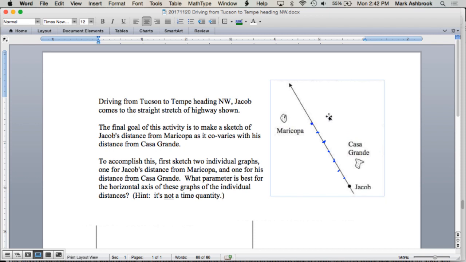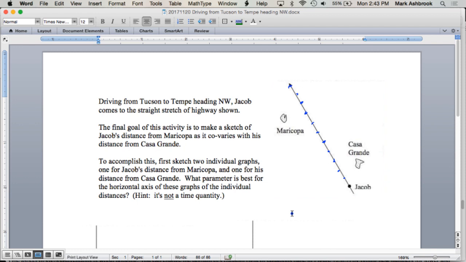So how many do I have? This may be a little too many. 1, 2. I got 11. All right, so I picked 11 kind of equally spaced points along the way. Then you can gauge your distance from Casa Grande according to those 11 distances, and same with your distance from Maricopa.